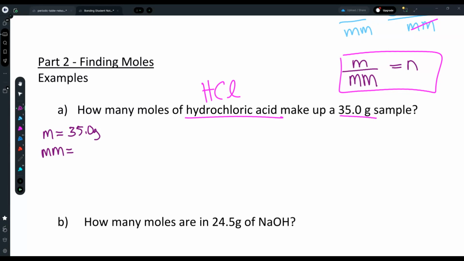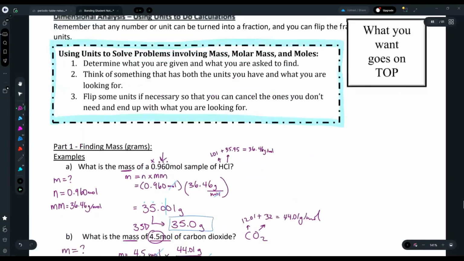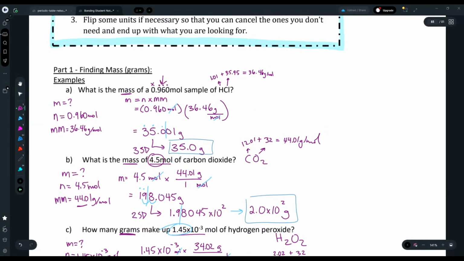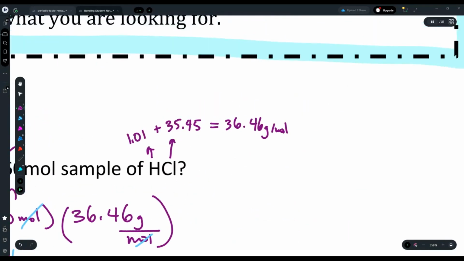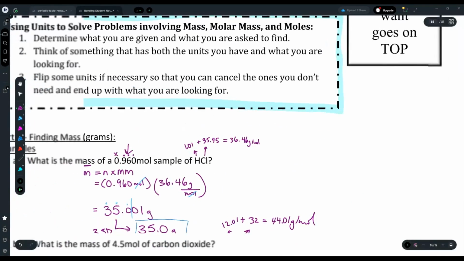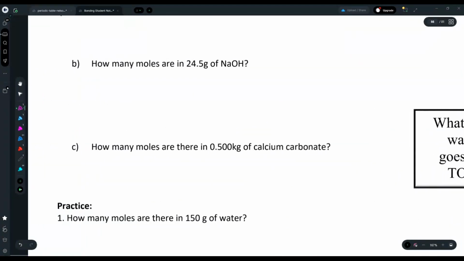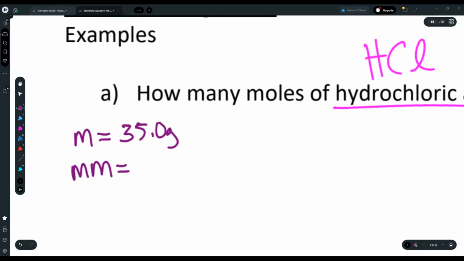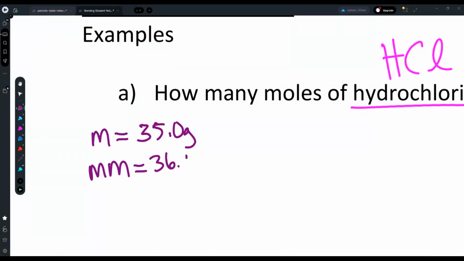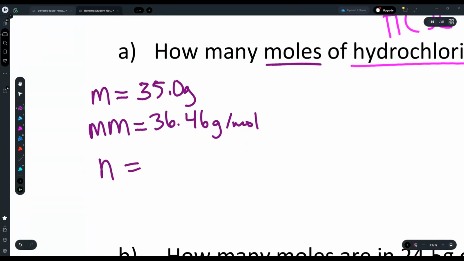The molar mass of HCl we've calculated previously, that was 36.46, so I'm going to use that, and that's grams per mole. And since it says how many moles, that's how you know moles is a question mark.